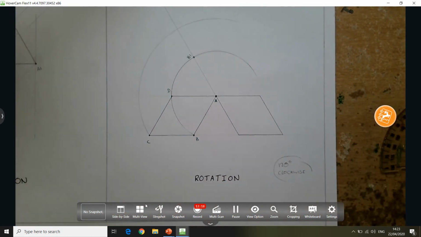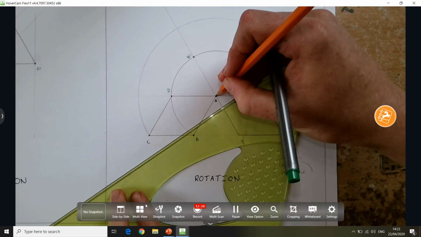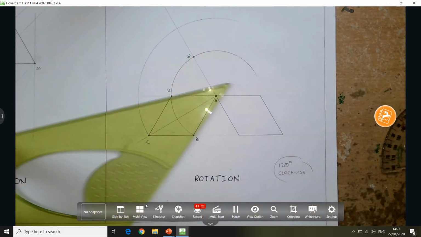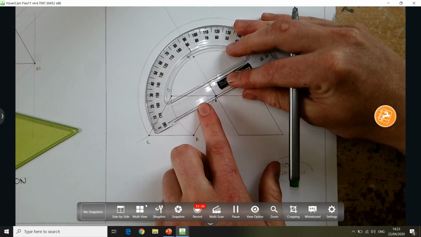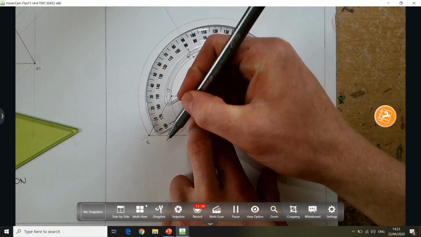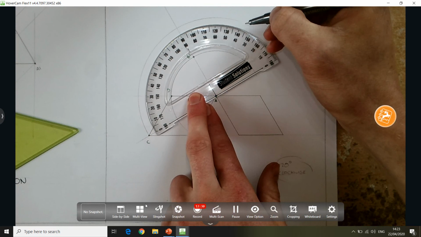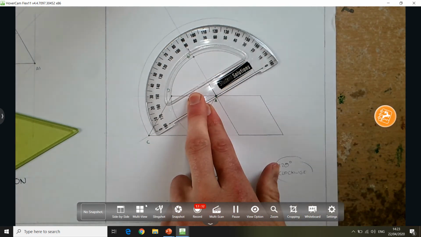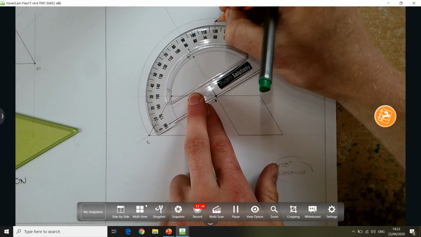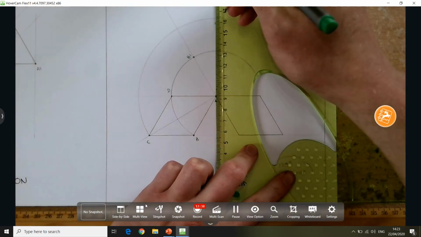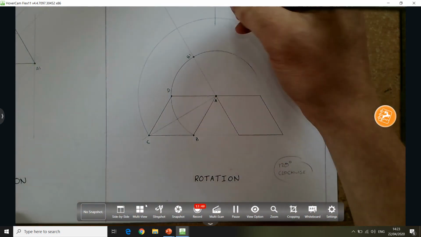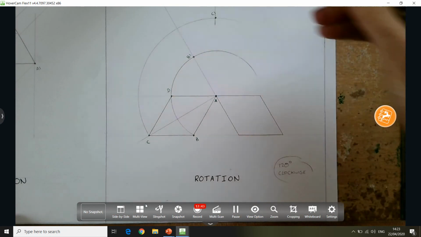If I want to get C, I can join a line across from A to C. Okay, the centre of the protractor again at A, 0 at C, and you're measuring across 120, so that's 120 there. So I just want to take that 120 mark and make a cross there. So that is going to be point C1.